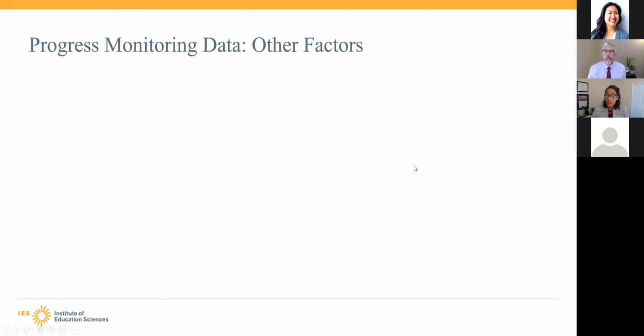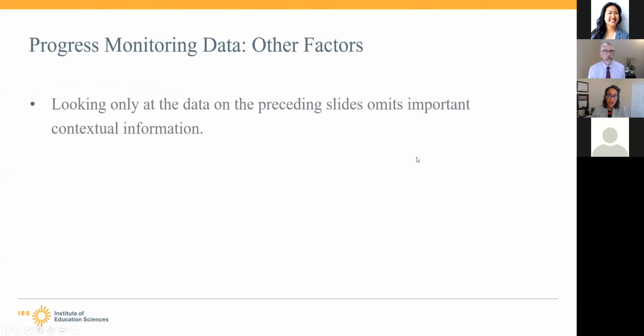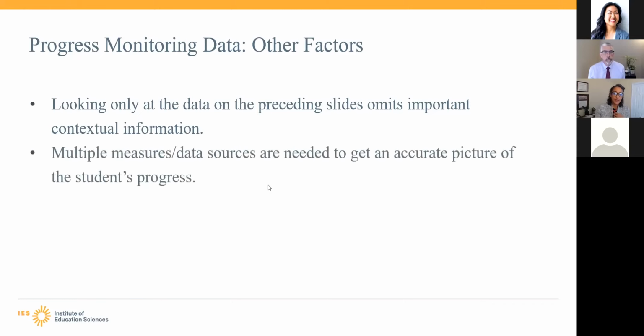All right, in addition to everything we've talked about, one final category that I think is important is progress monitoring data. So this goes back to the idea that we want to try and move beyond just test scores or just information at one point in time. So progress monitoring information can add some context and some nuance to the types of data that we've talked about on the preceding slides.